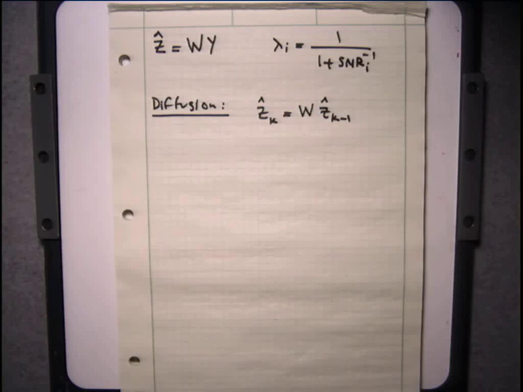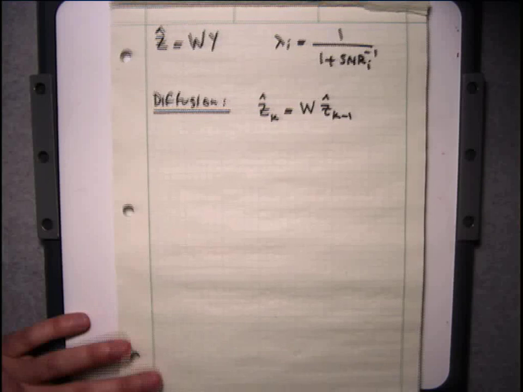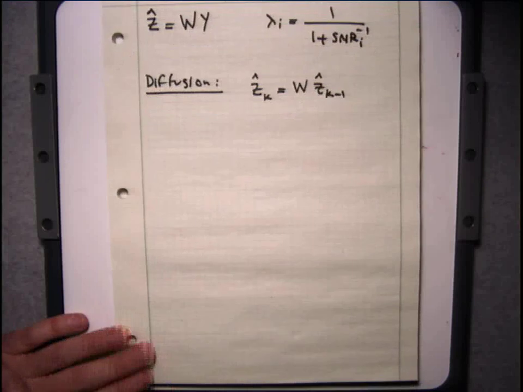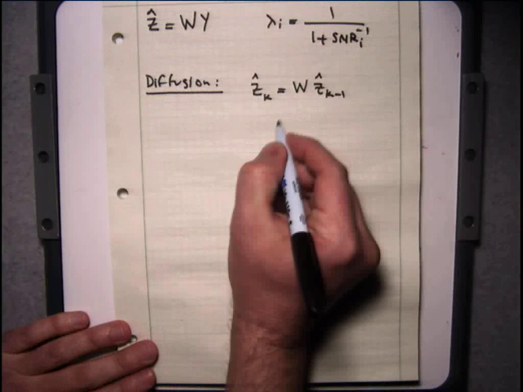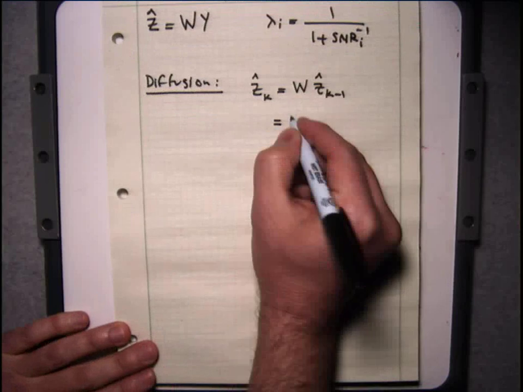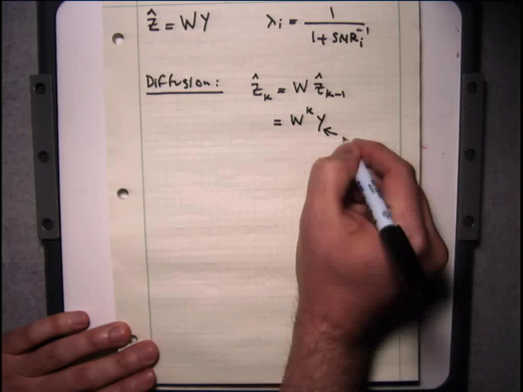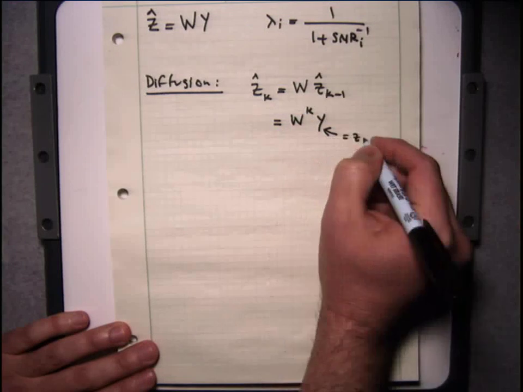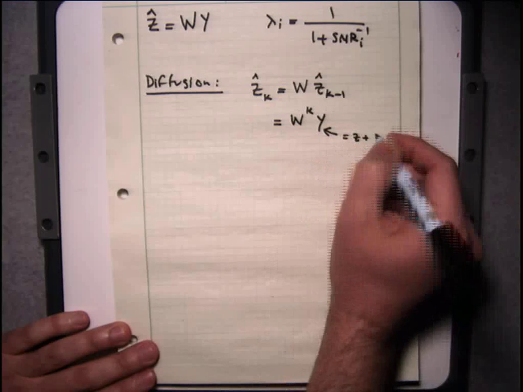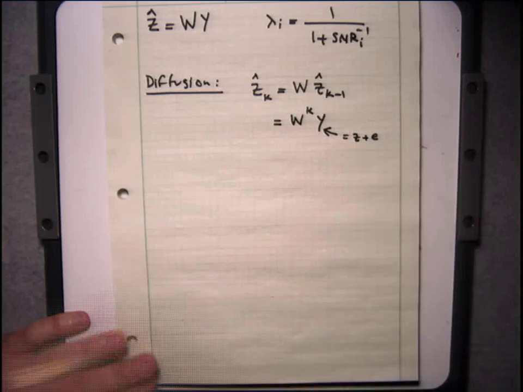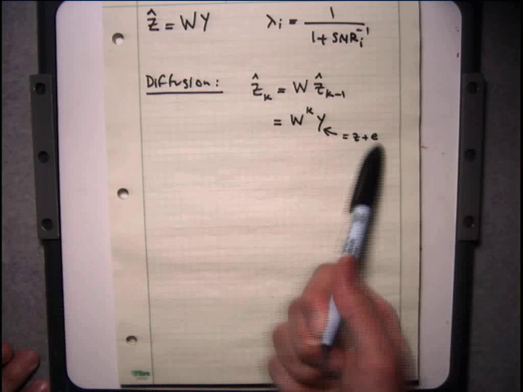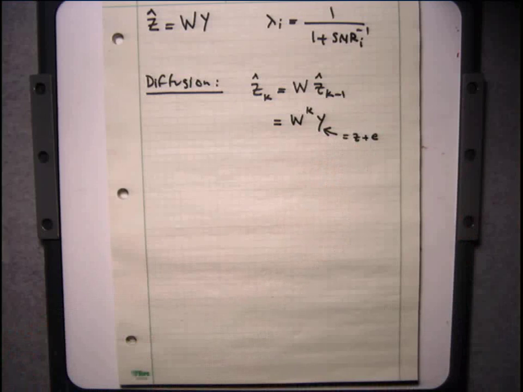Okay, so with this in place, if you remember, we wanted to study the behavior of this filter, and of course another way to write this would be W to the k times y, where y is the original noisy data, which is equal to the clean image, or the regression function, plus some noise. Okay, and remember, we assumed that the noise here was zero mean.